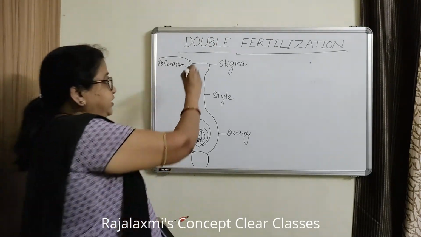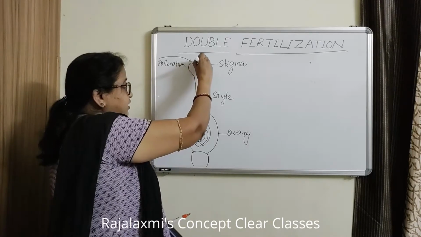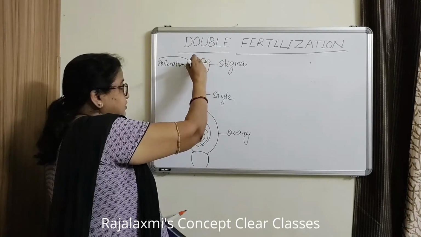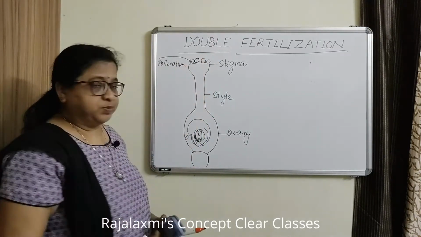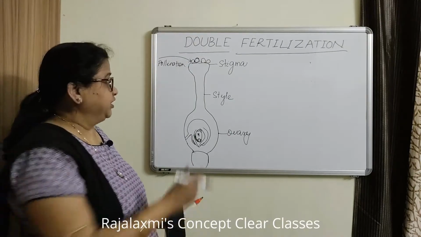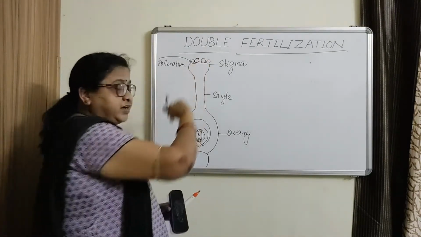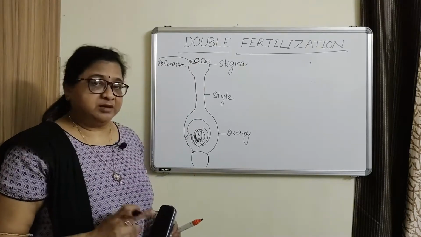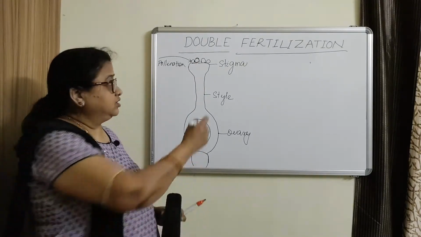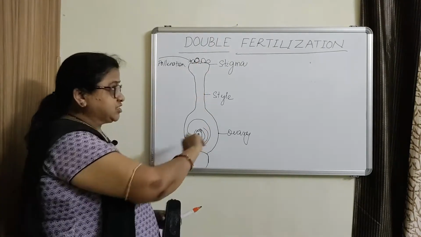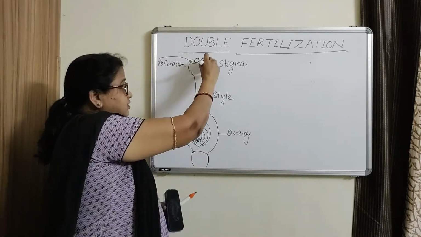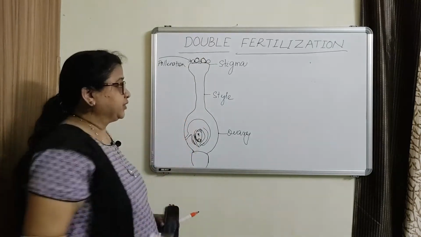When the right type of pollen grain falls on this stigma, then it germinates. What is the right type? If the pollen grain of the same species falls on the stigma of the pistil, only then can it germinate further.